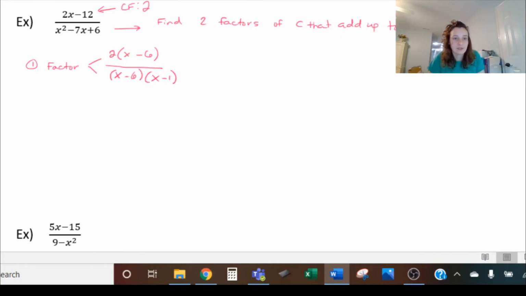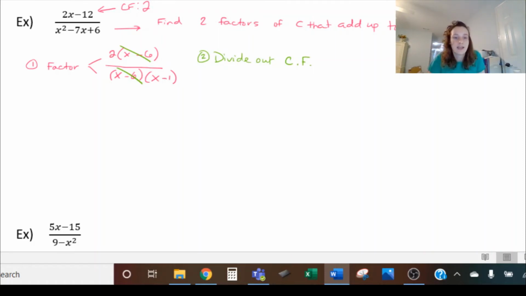Now step 2 is going to be to divide out the common factor, and we've already done that. Your common factor here is going to be x minus 6 and x minus 6. x minus 6 divided by x minus 6 is going to be 1.